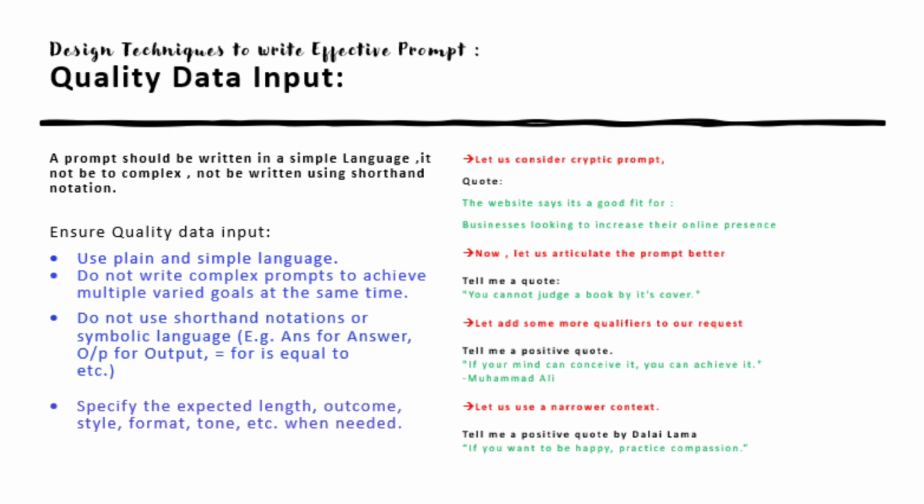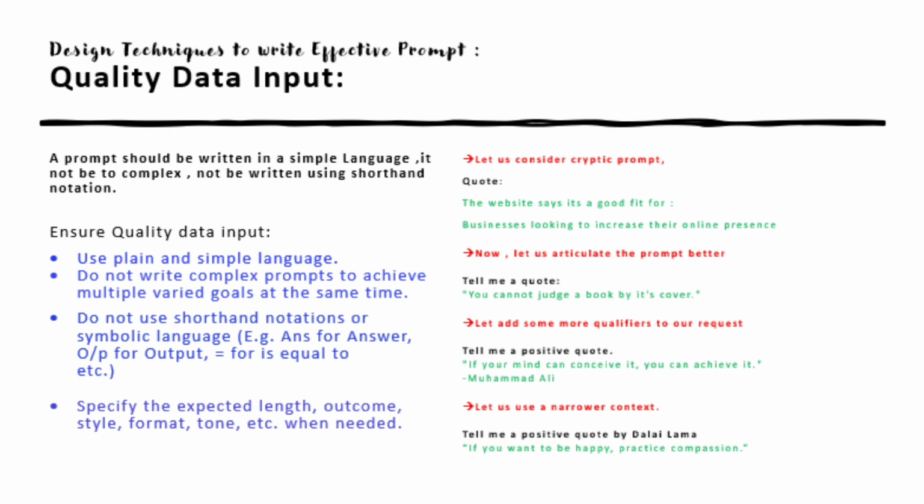Don't mix prompts; keep it simple. And don't use shorthand notations or symbolic languages, like ans for answer, qus for question, o/p for output, i/p for input, or writing out is equal to. Make your prompt clear, clean and simple.